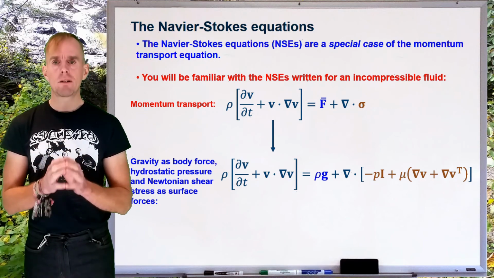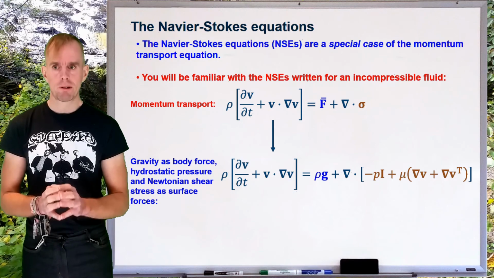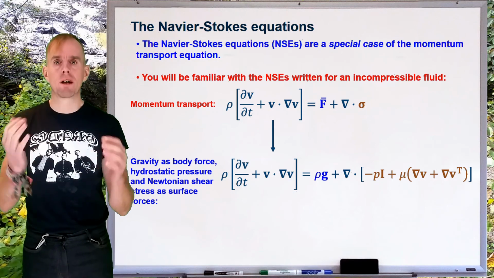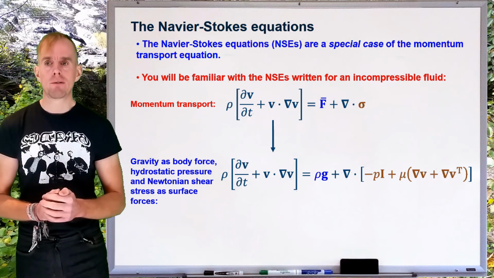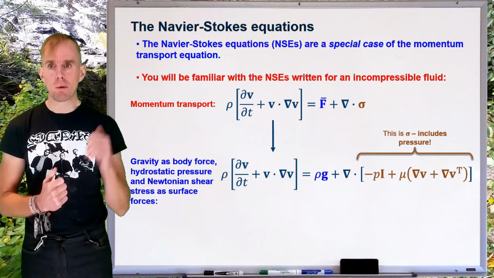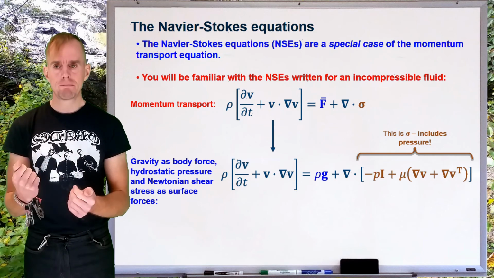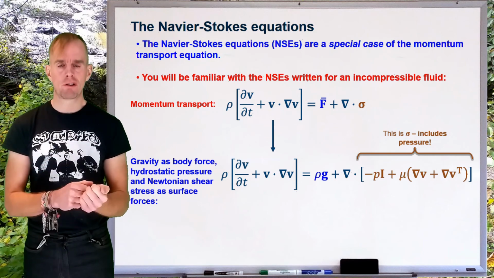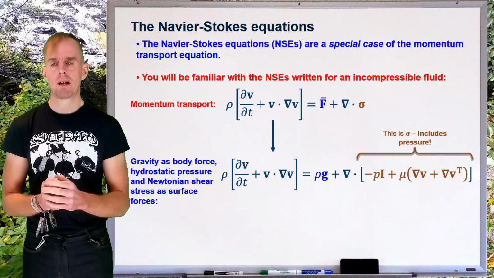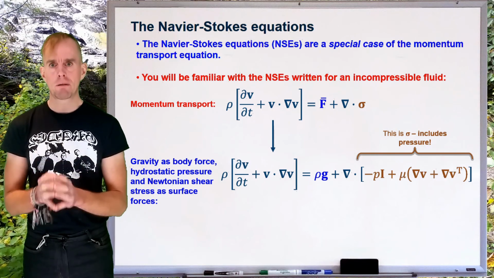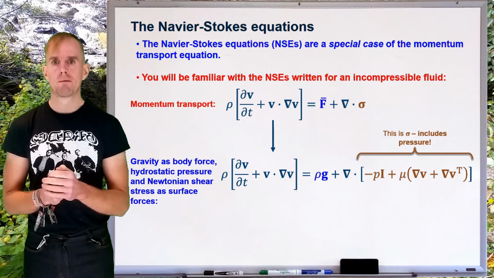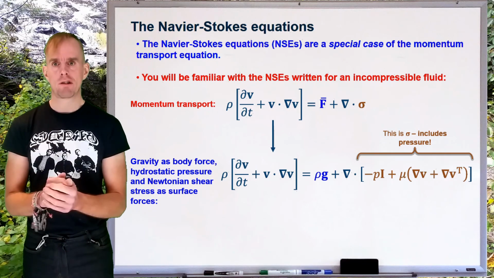Now, let's look at those surface force terms, those surface forces that are all wrapped up in sigma. And so I've expanded sigma out here on the board, and it's got two contributions, as we can see. We've got pressure, and we've got terms involving velocity. Let's examine them one by one. When we think of pressure, hydrostatic pressure acts on a small volume of fluid equally in all directions, doesn't it?